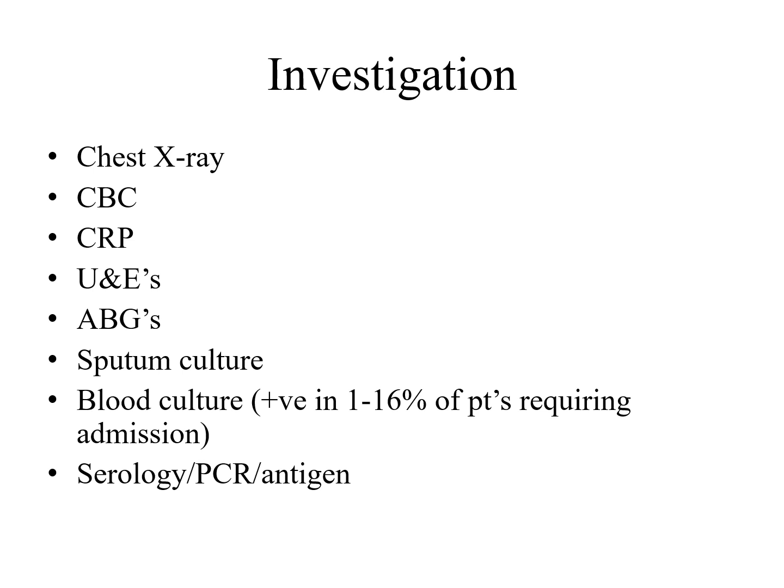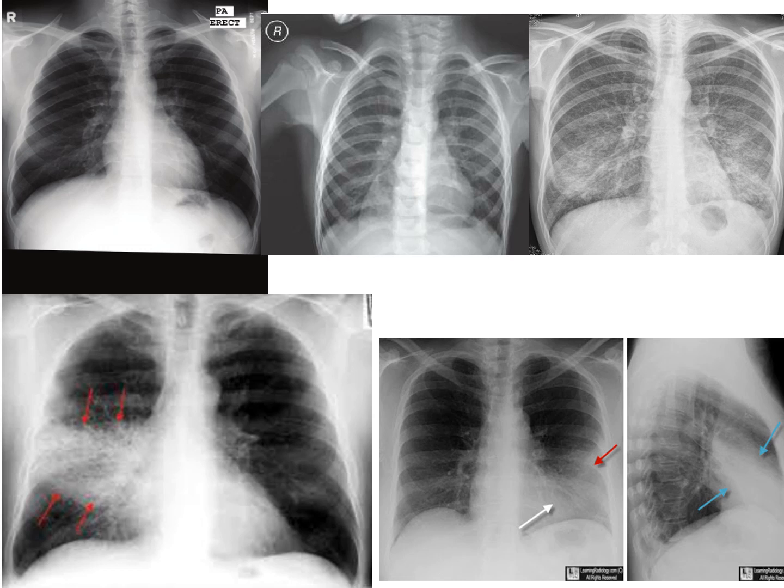C-reactive protein is going to be elevated because this is an acute phase reactant which is elevated in case of infections. We need to measure also the arterial blood gases, sputum culture, blood culture, and in case we think of viral infections, we need to do serological tests, PCR or antigen testing.